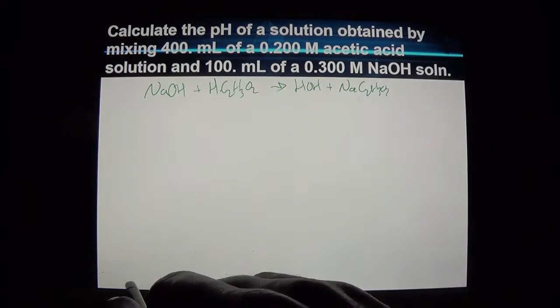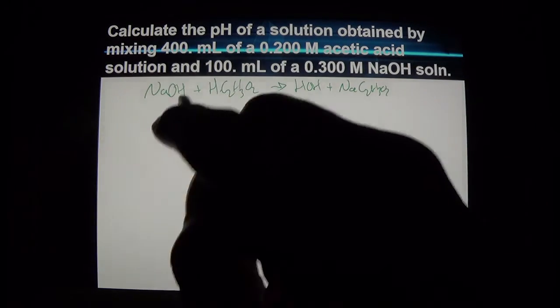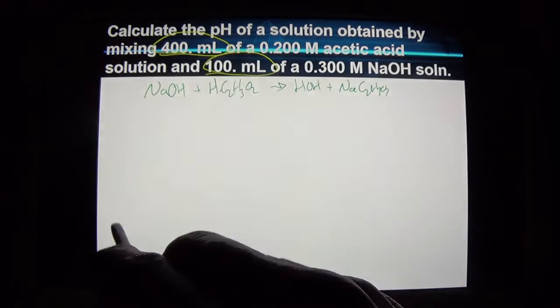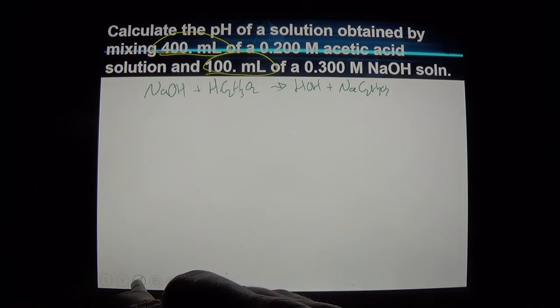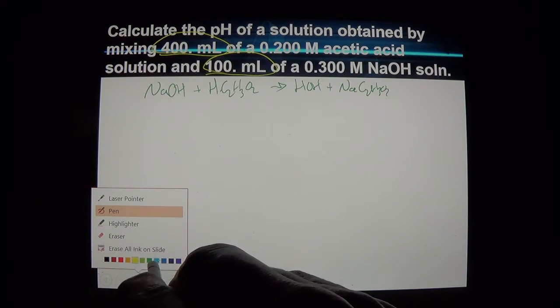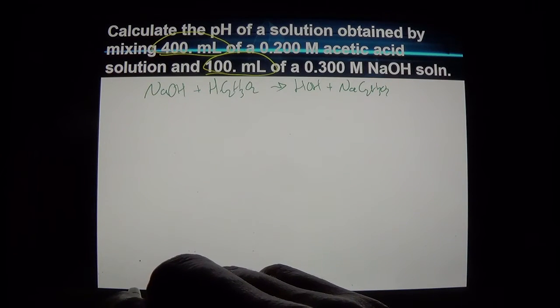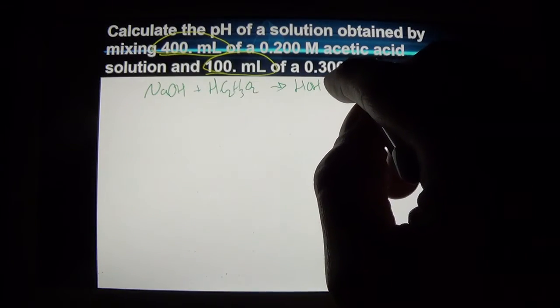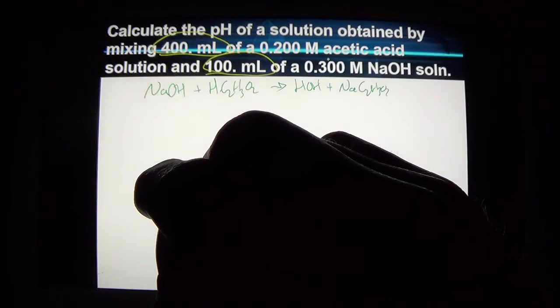Now I'm also noticing, and I hope you caught this too, I'm mixing solutions, so I have dilution. I need to account for the dilution as I work this problem, so I'm going to work in moles. That many milliliters of that much molarity and that many milliliters of that much molarity. Wow, that's almost a tongue twister.